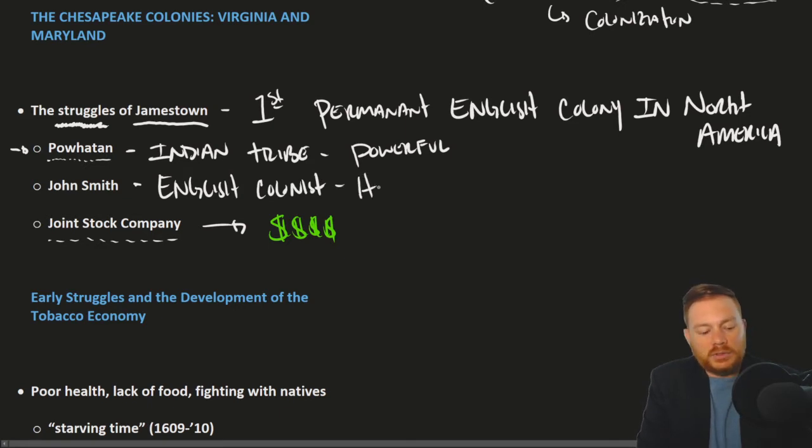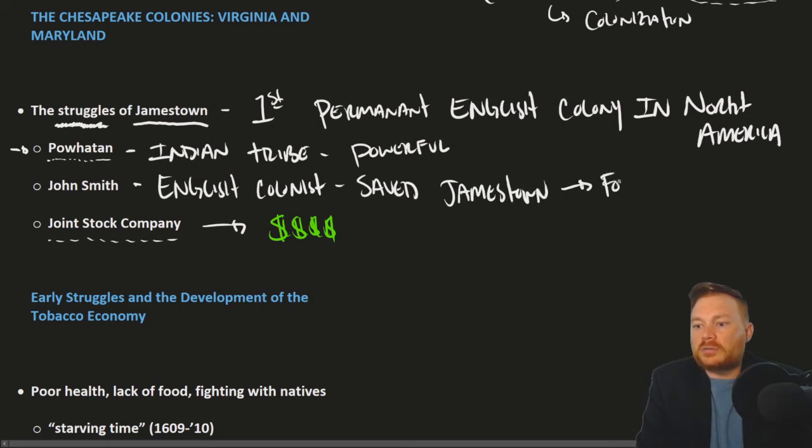Helped, or really not even helped, really was one of the main causes as to why Jamestown survived. So we might say English colonists saved Jamestown. And he did it by, number one, forcing colonists to work. He had a saying, those who don't work won't eat, and maintained friendly relations with the Powhatans.